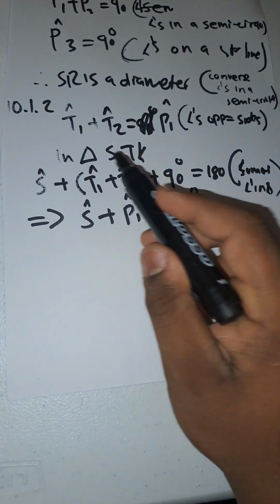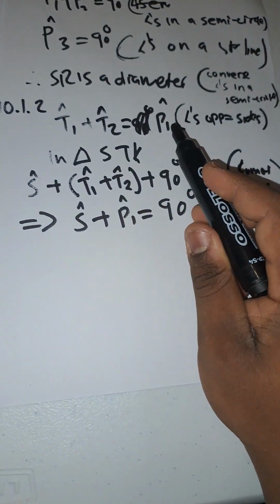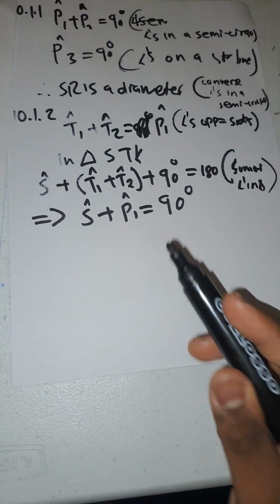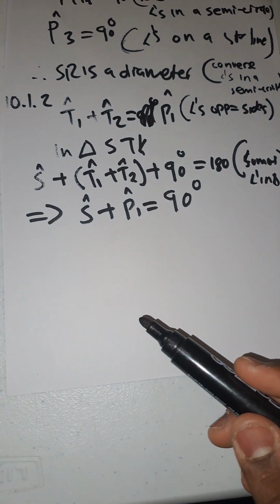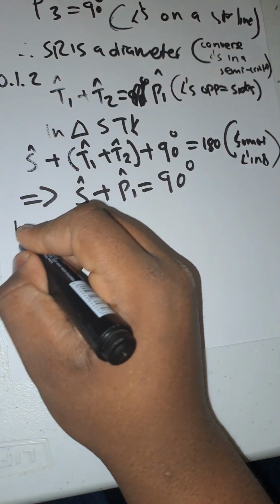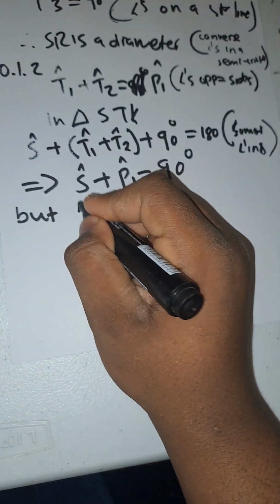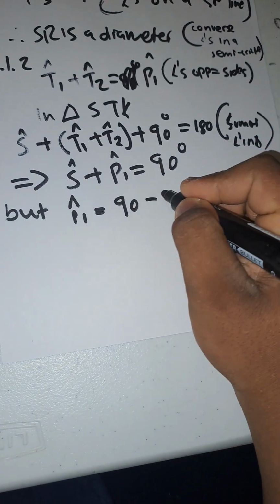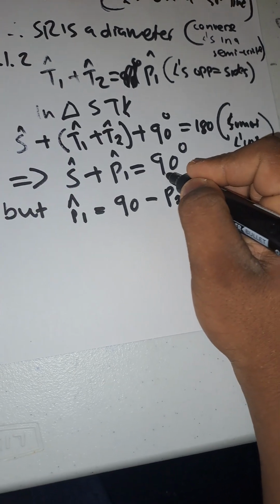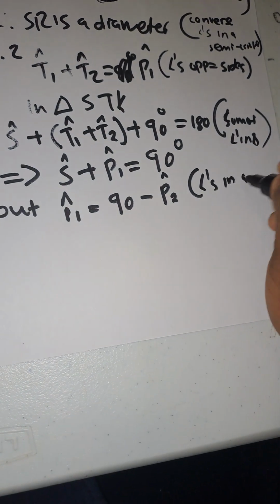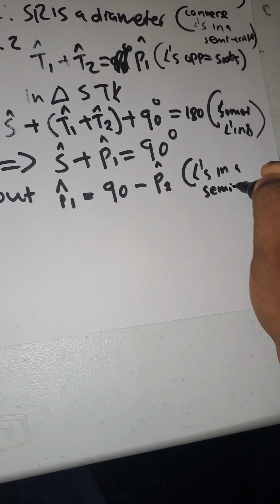I told you here that T1 plus T2 is equal to P1. So where there is T1 plus T2, I'm going to write P1 there. But angle P1 is equal to 90 minus P2, which is the reason of what? Angles in a semicircle.